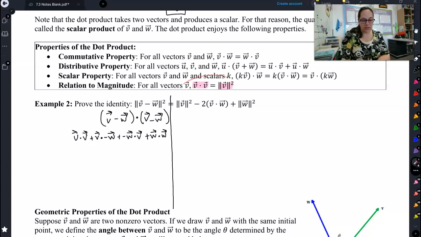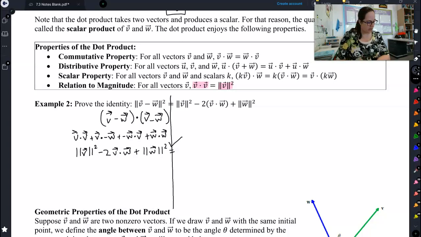Next, I can use this property again in reverse to say that if I'm multiplying a vector by itself, it's going to be the magnitude of that vector squared. And these, I've got two of them, so -2v times w. And same thing, I've got a vector times itself, so that's going to become the magnitude of that vector squared. And that equals the right-hand side. So we're done. We proved it.